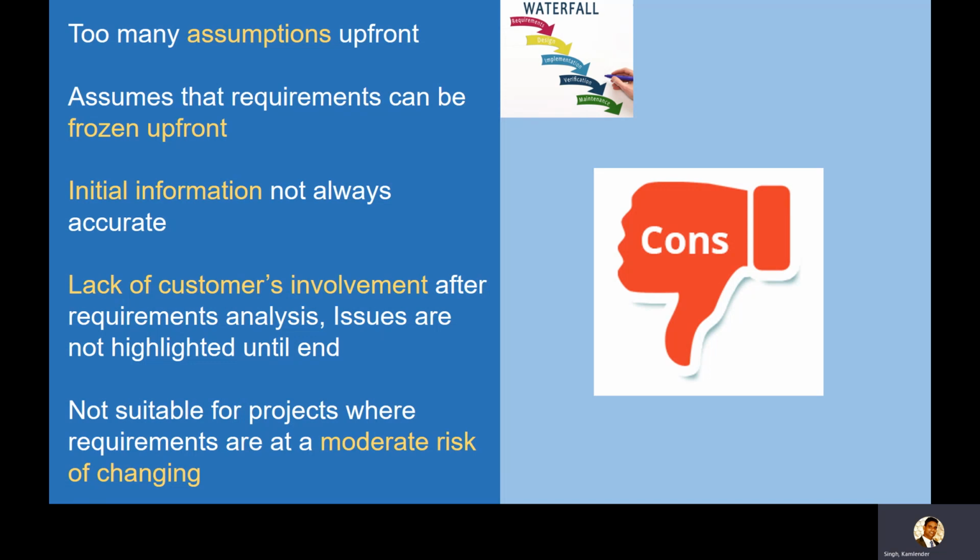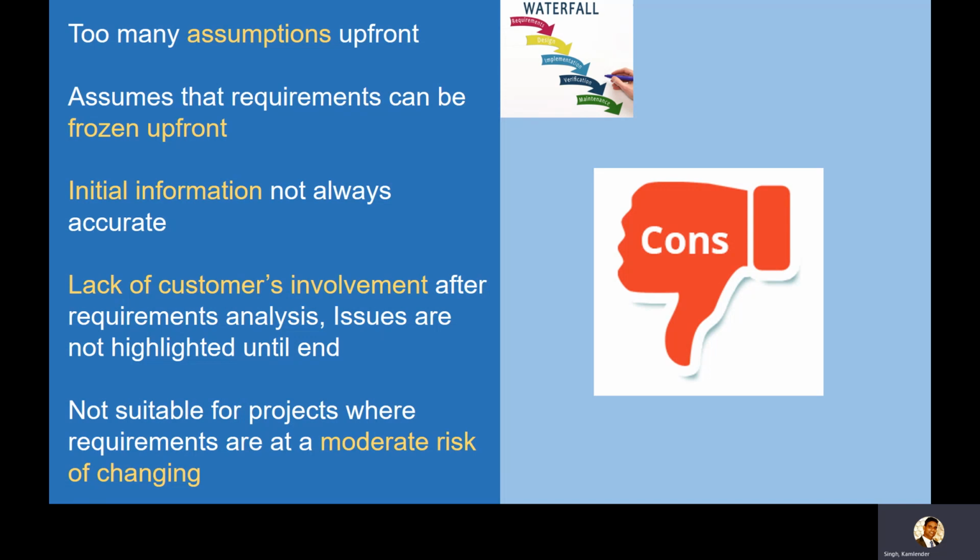Customer is involved till the requirement phase, but once the requirements are documented and the customer's approval is received, teams go into their silos. They are working on design, they are working on development until they reach user acceptance testing. They're working in silos. Customer is not involved. And if there is even a small risk of changing the requirement, the waterfall model is not suitable.